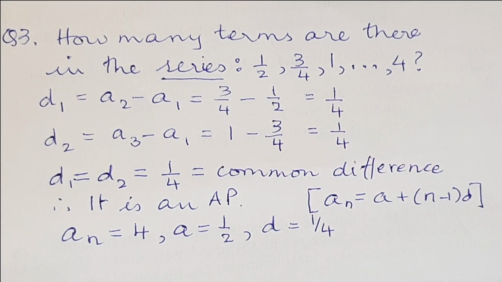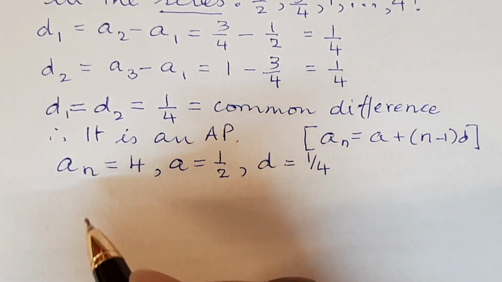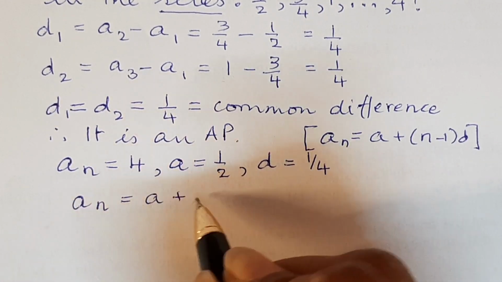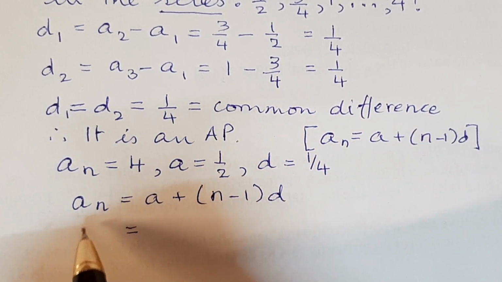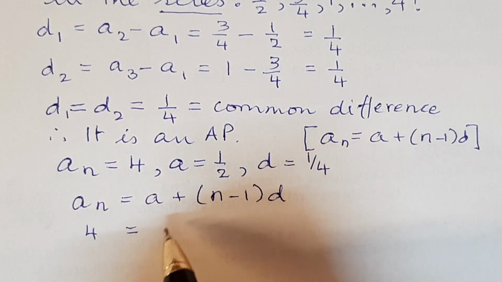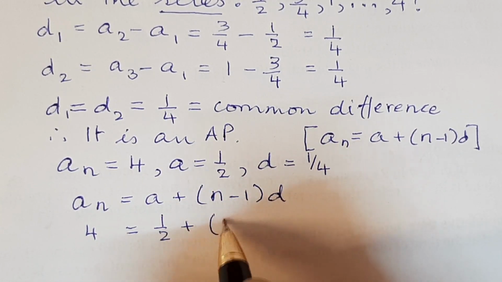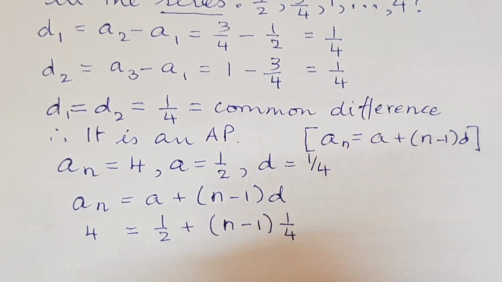And now, let us substitute in our formula. Let us write the formula once again. And then we will substitute. AN is 4, A is half, plus N minus 1 into D is 1 upon 4.